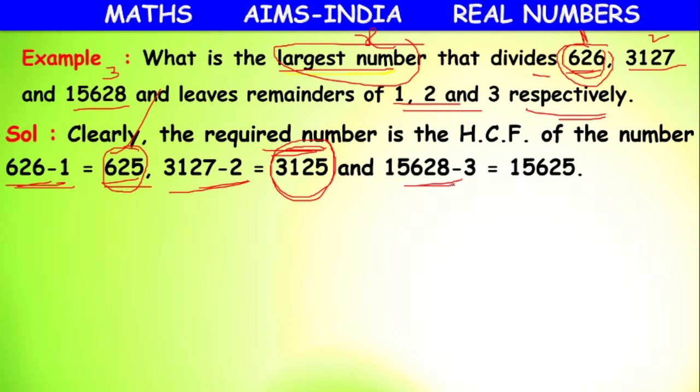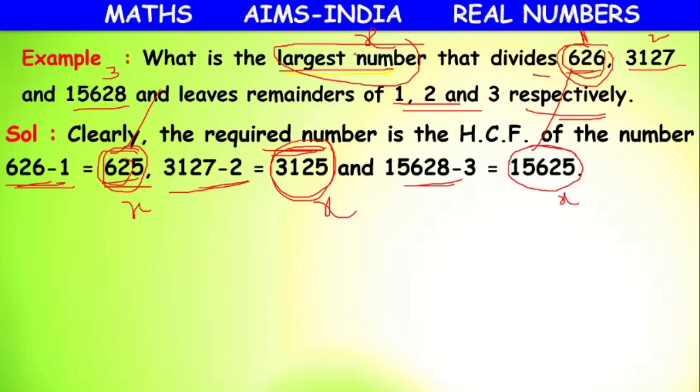From the third number also, if we remove 3, the result 15,625 will be divided by x exactly. Because whatever remainder we are getting, that we have subtracted, so the result will be divided exactly by x.